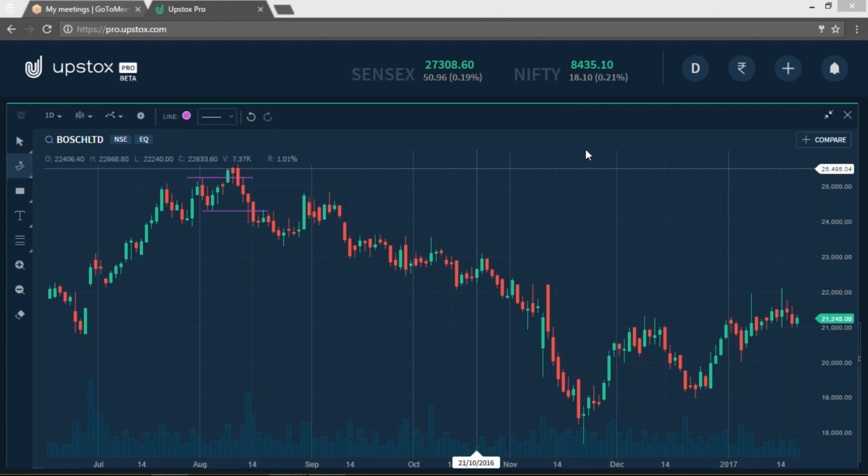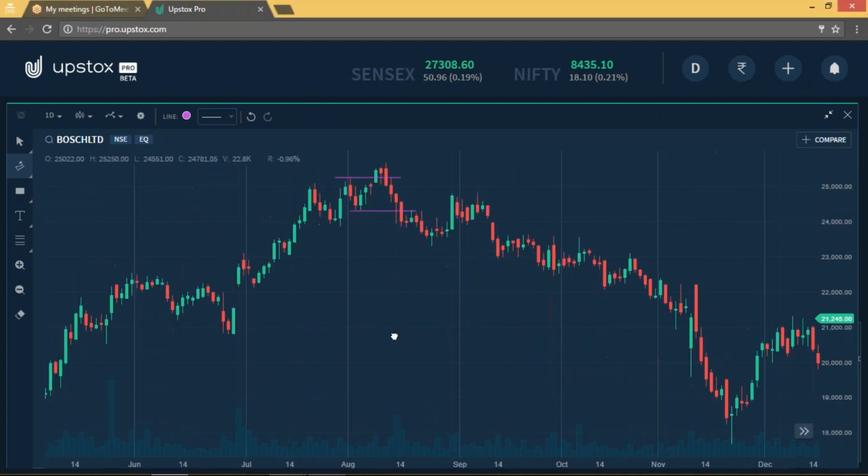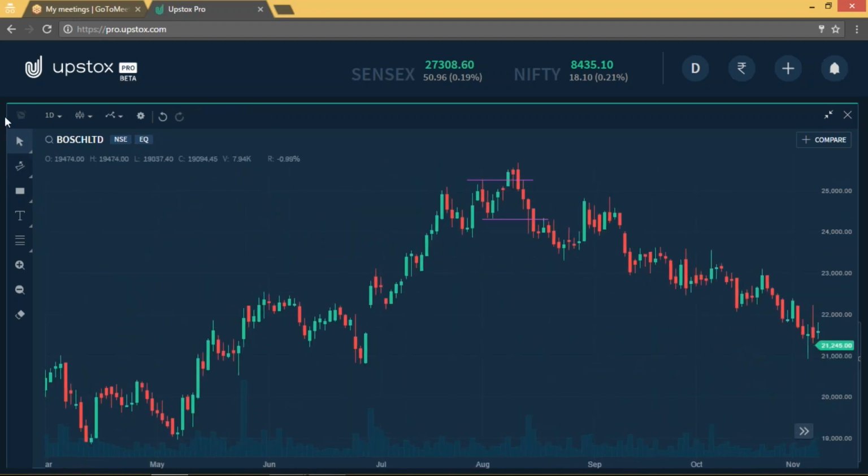Okay, any other trades that you guys can spot here? Let's move. Okay, now can you spot a trade? You can tell me the swing low or swing high between which 2 months?